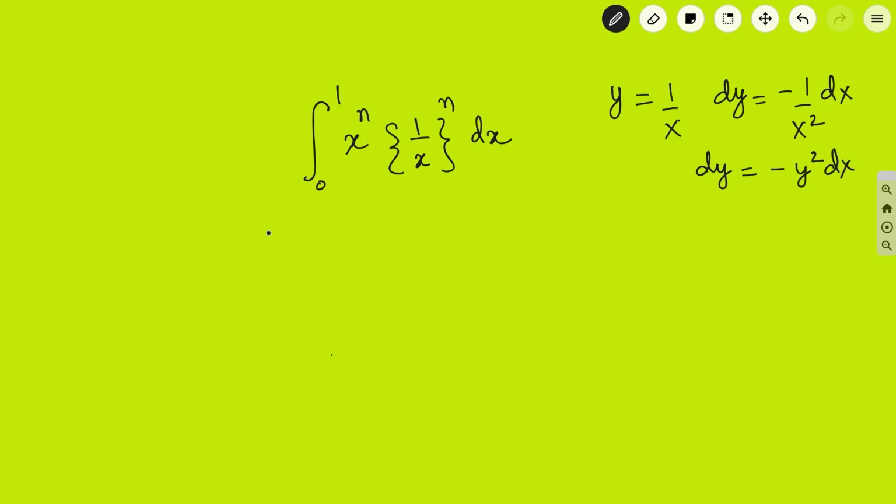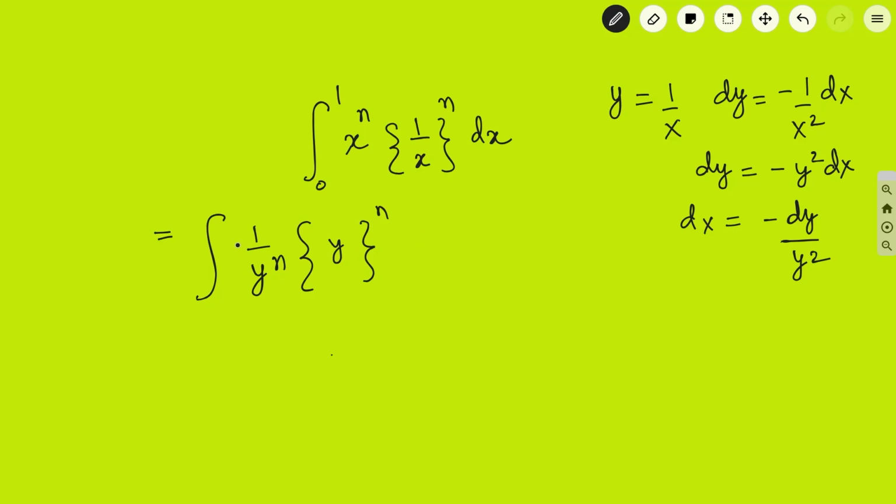So with that, we have the fractional part of y to the power n, and dx is minus dy by y squared, right? So this is minus dy, and then there is 1 by y squared.